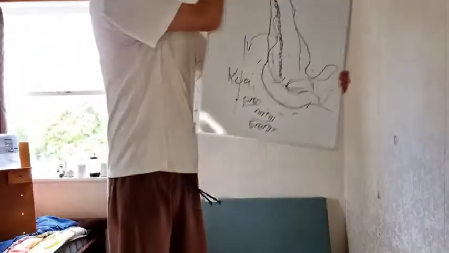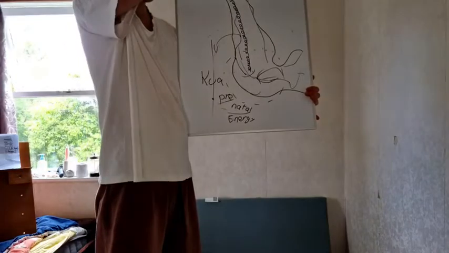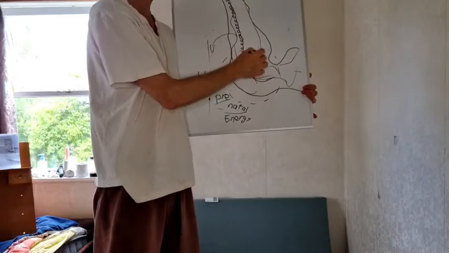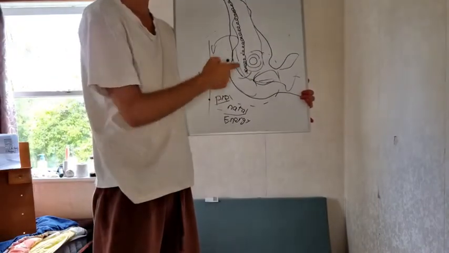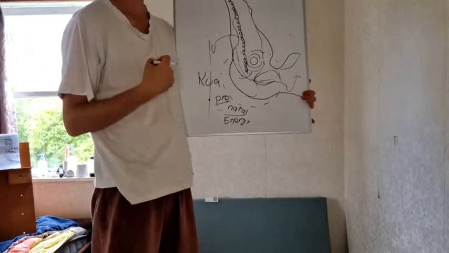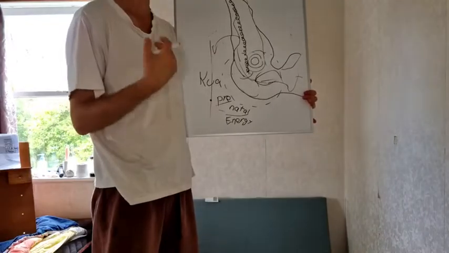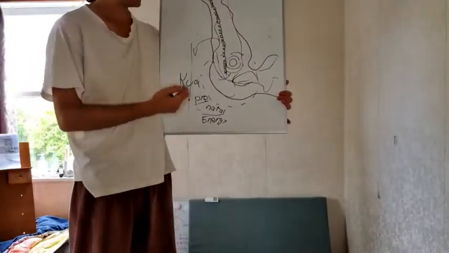The other thing I was going to talk about was the power center, the dantian here. This can be a generator, used to generate power, and it can also be used to discharge the power.